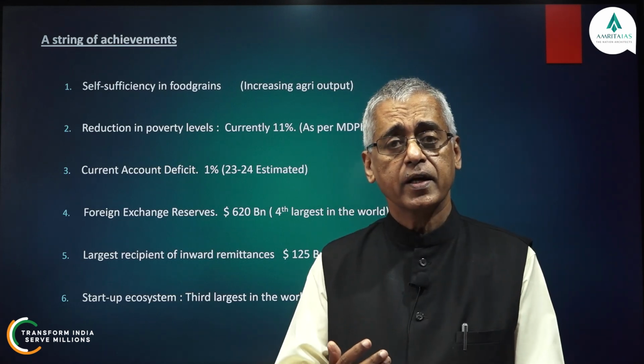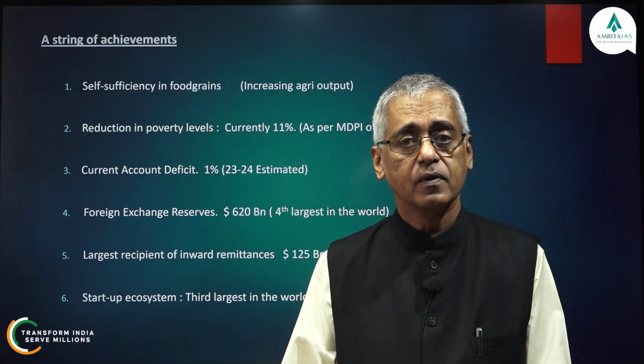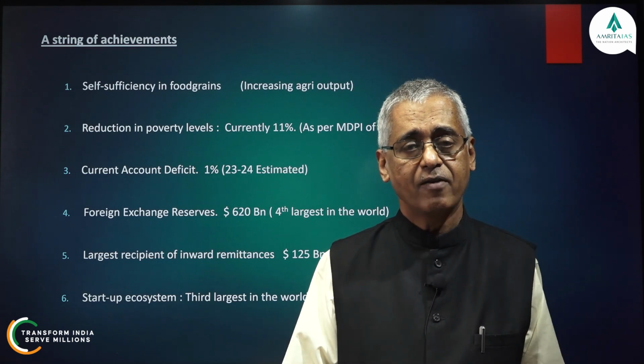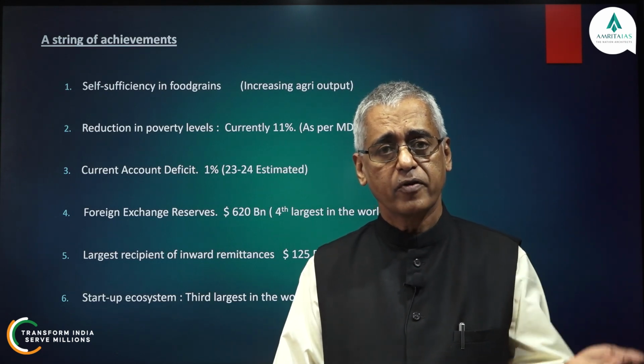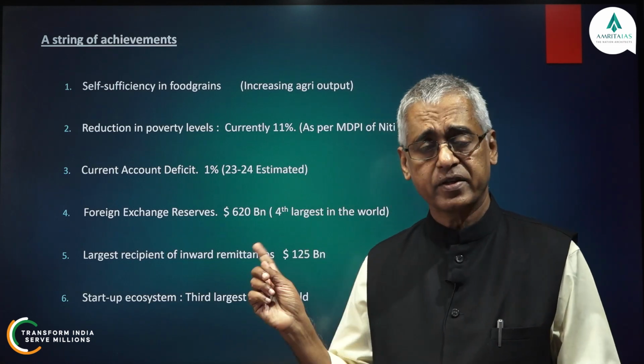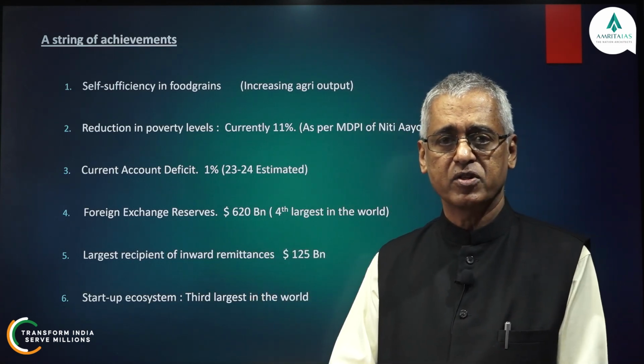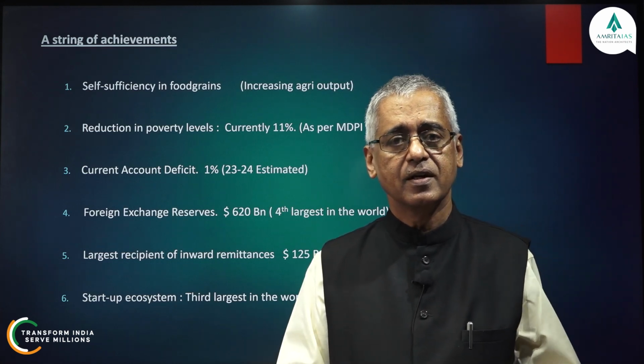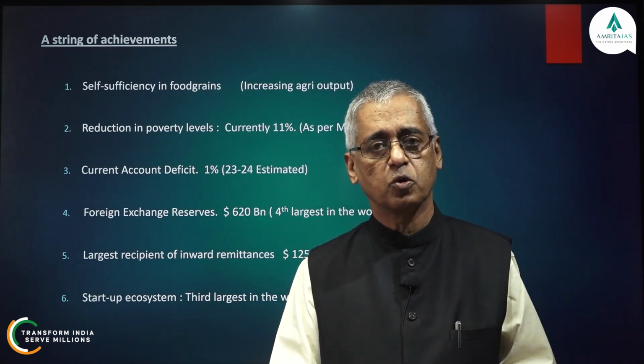About 25 crore people, it is said, have moved out from below the poverty line measured on the basis of the multi-dimensional poverty index in the last 10 years or so.